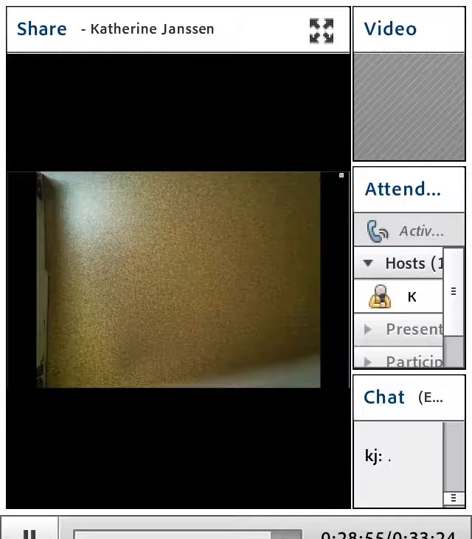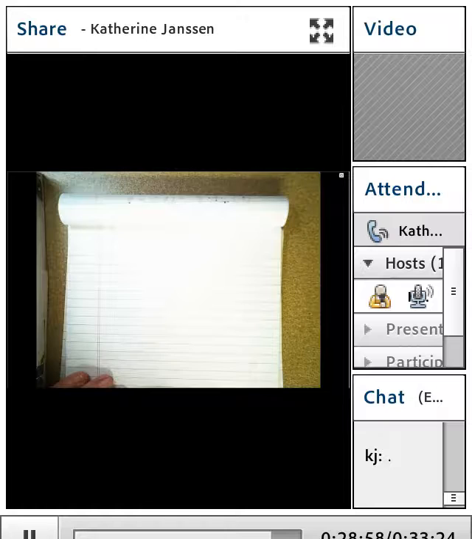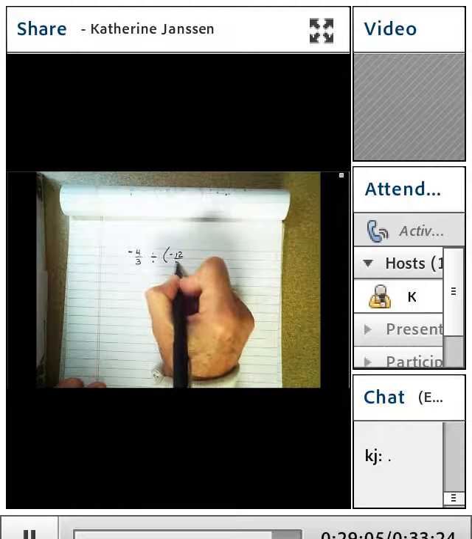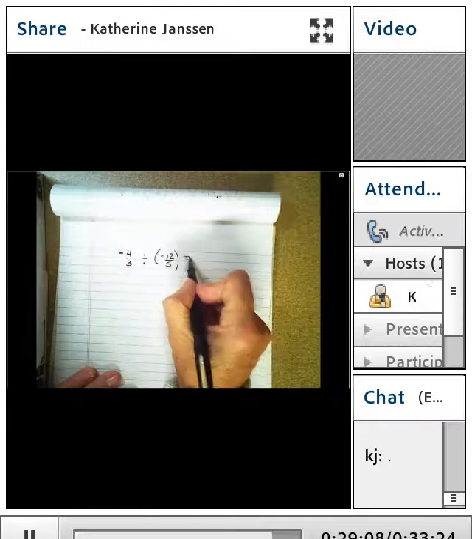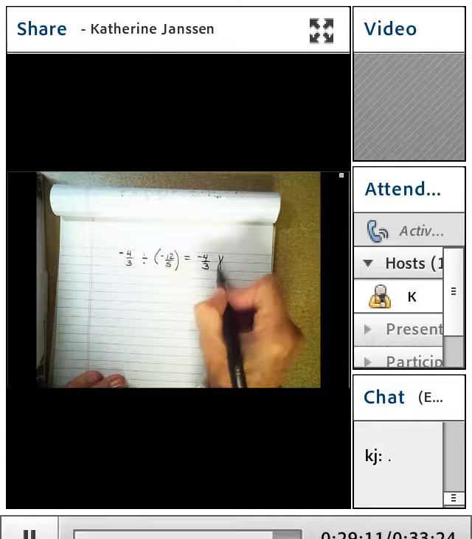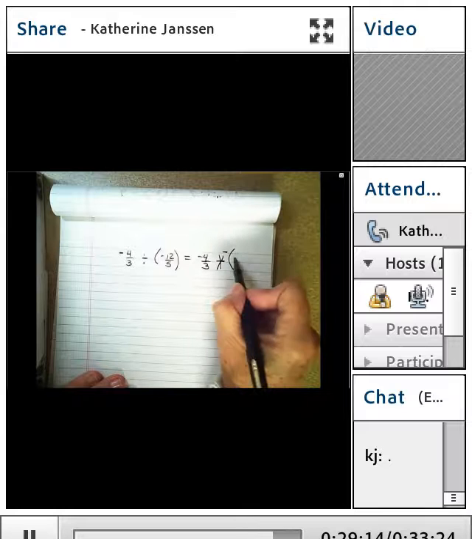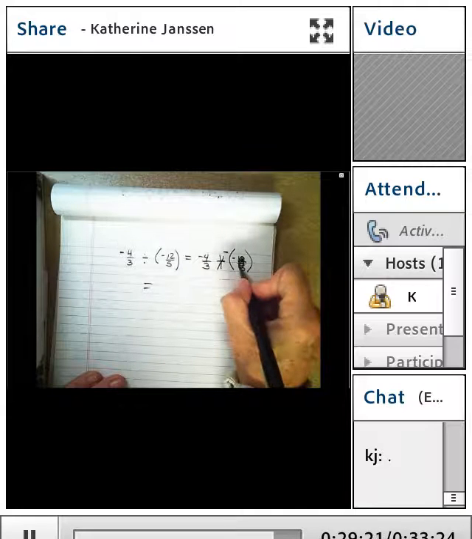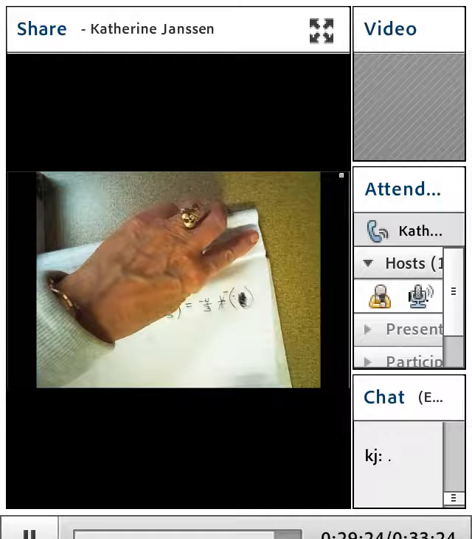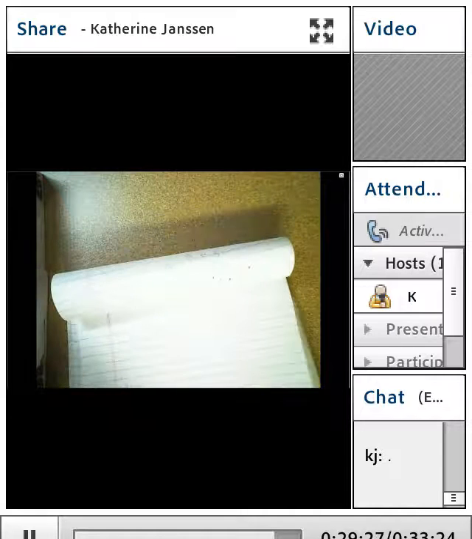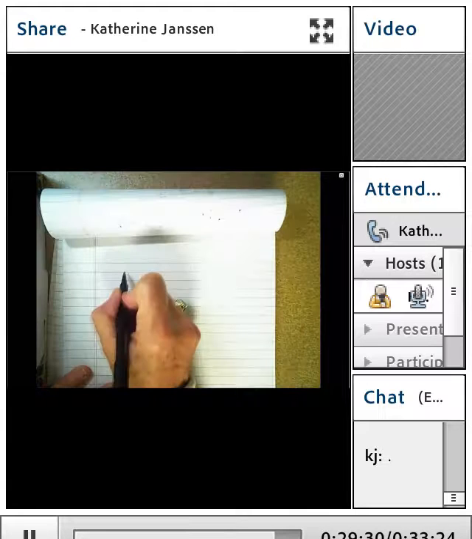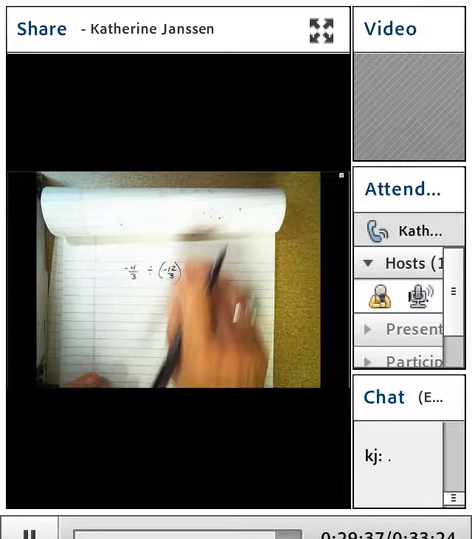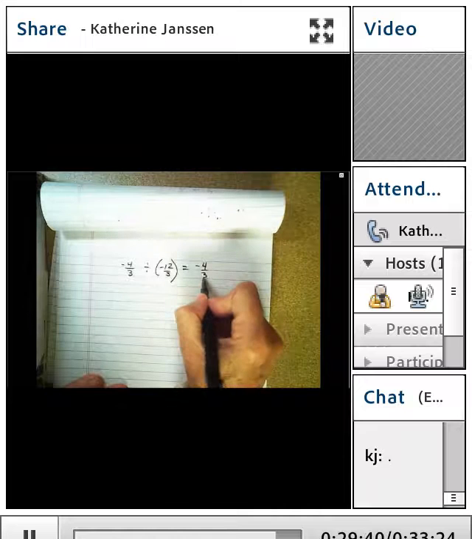We're asked to divide -4/3 by -12/5. When we divide, we change division to multiplication and multiply by the reciprocal.